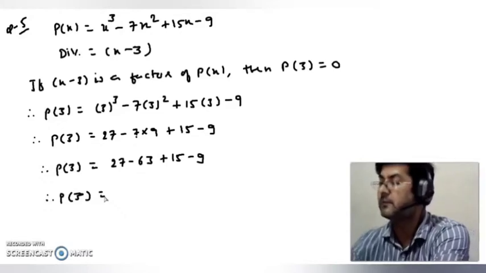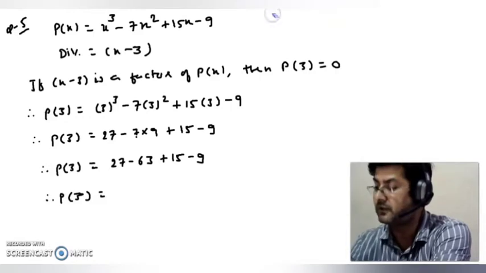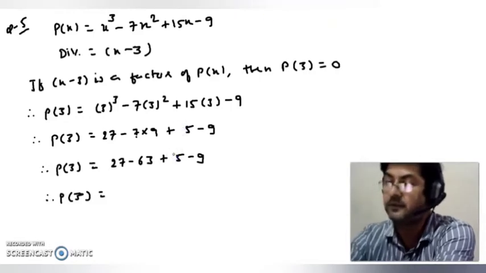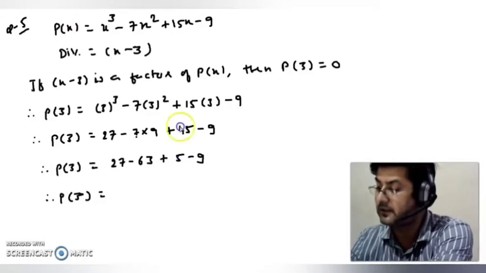Okay, here we have made a small mistake over 15 threes. I will write over here 45. Okay, so I am correcting, this is 45.